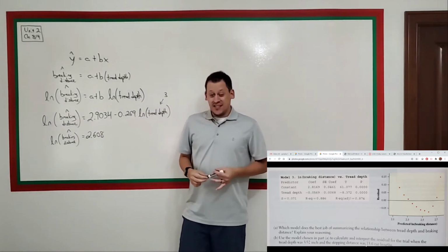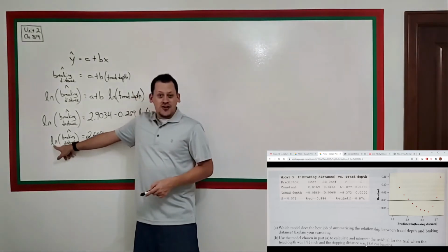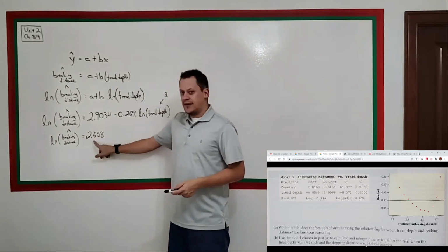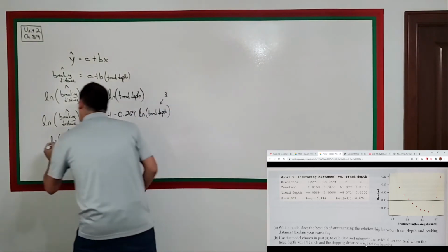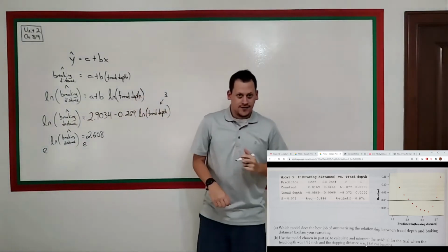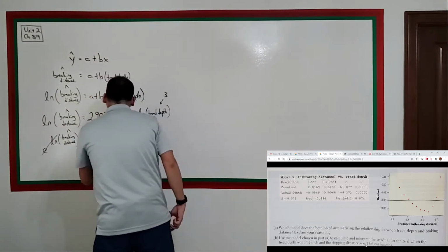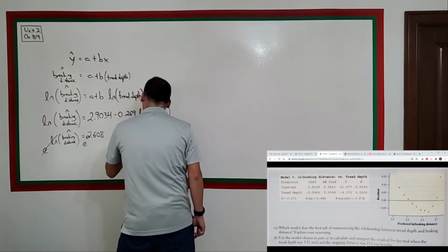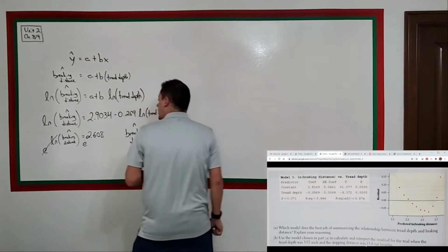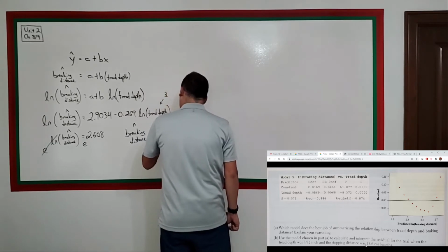You do actually need to know this for problems you may need to do. The inverse operation of a natural log is taking e to the power of this number. So we're taking e to the power of both sides. These operations cancel out. So you get estimated braking distance equals e to the 2.608 power.